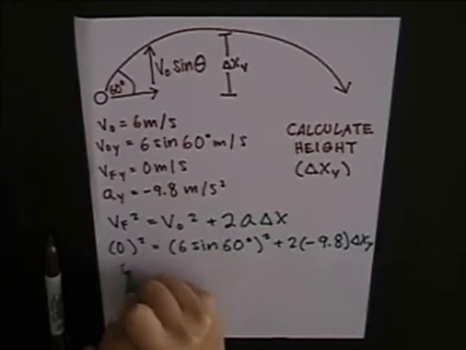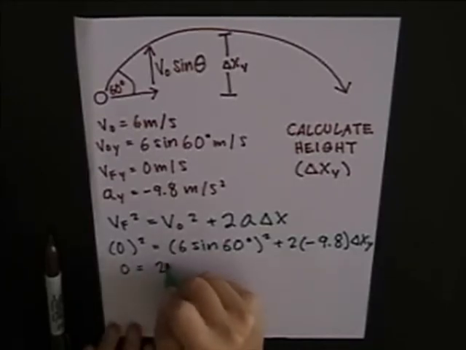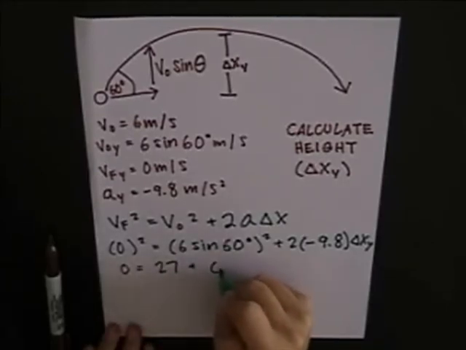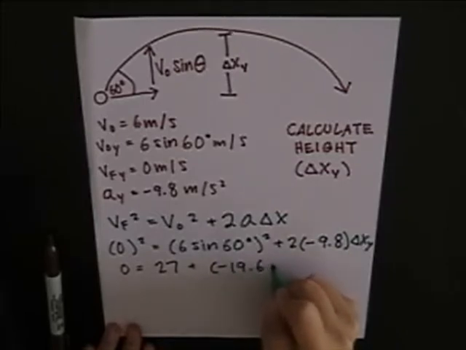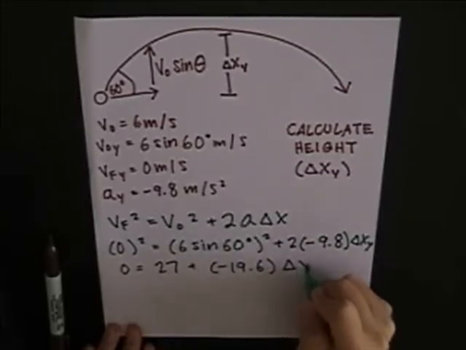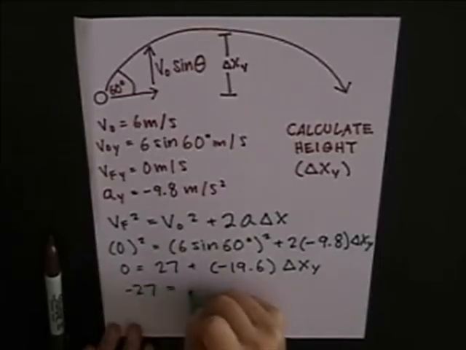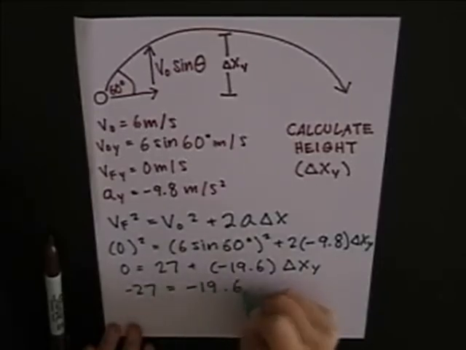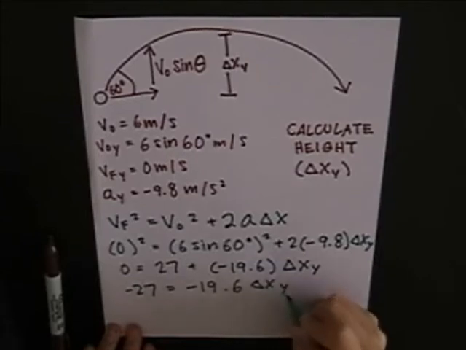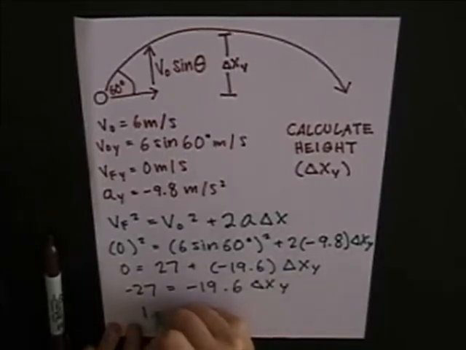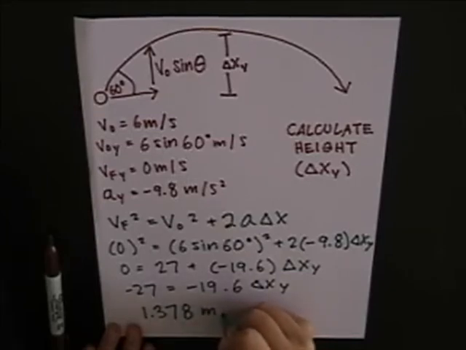So simplify and you have 0 equals 27 plus negative 19.6 times delta x in the y. Bring the 27 over to the other side of the equation, and then divide out the negative 19.6, and the result is delta x in the y is 1.378 meters.